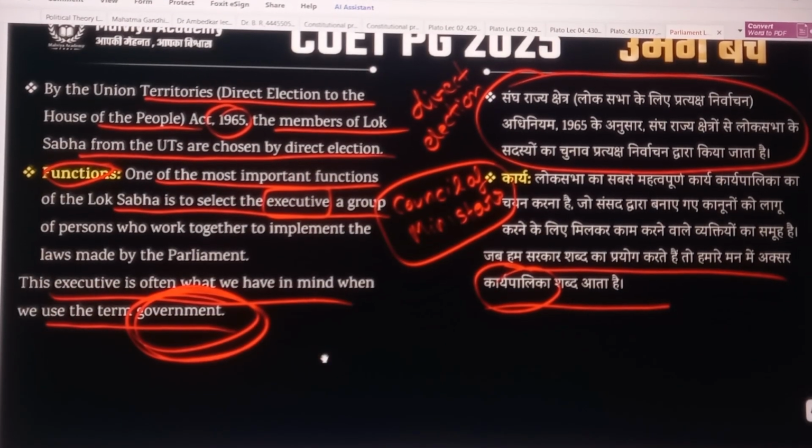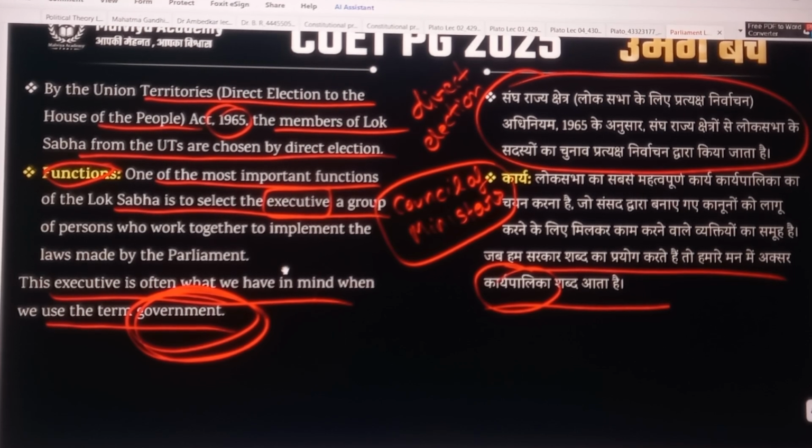For union territories, direct election was done under the Act of 1965, and the representatives are elected.